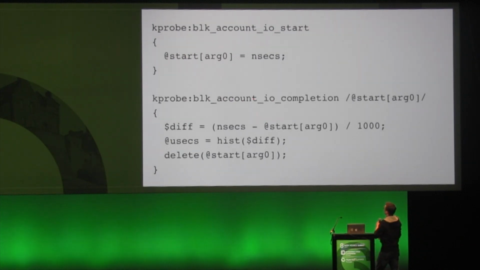So once we do go into block_io_done, having recorded the start time, we calculate the difference between the current timestamp at completion and the timestamp we saved at start, convert it from nanoseconds to microseconds, so it's a bit easier to understand. And then we define a new BPF map that we want to treat as a histogram of these latency values. So I'll give this one a run as well.